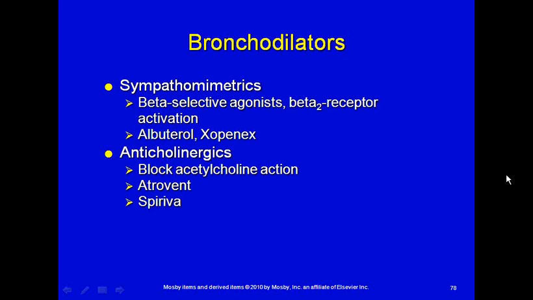Now, albuterol is the most common bronchodilator that we give in the field, and you'll give albuterol treatments. But Xopenex is another one, and with Xopenex, they've taken the X factor, is how they say it. They've taken this factor out of albuterol that increases the heart rate, because we like albuterol because it's relatively beta-2 selective.